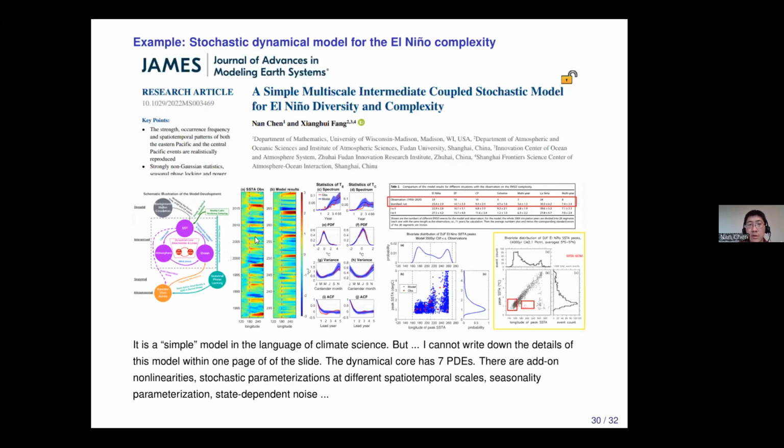But I really want to show you this model can capture all the simulations from nature, and a lot of these statistics are perfectly matched. And those GCMs will fail, but our model can work very well. But if you ask me how to build this, I cannot say I built this just from scratch.